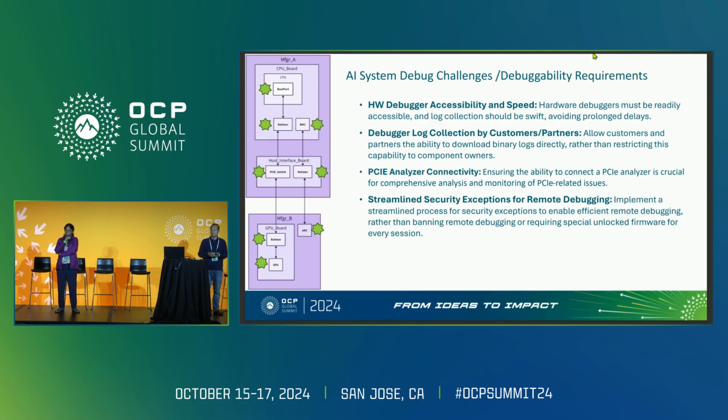The third piece is all about PCIe analyzer connectivity. As we move to more and more complex systems, if we don't have a direct PCIe analyzer connectivity to these endpoints, it can limit us from collecting the required data at the point of failure.